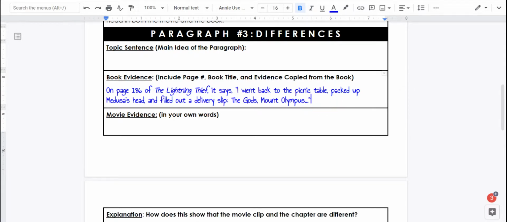Okay, so since there was more evidence in the book that we didn't include, we add those 3 dots to the end of it. That lets our reader know that there is more evidence to come in the book, but that we did not include it. And then we need to make sure we have a period at the end of our evidence also.